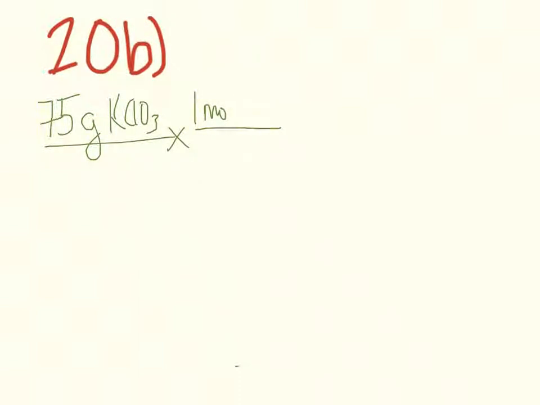Just like before, I take my molar mass. I have 1 mole of KClO3, potassium chlorate, and for every 1 mole I have the molar mass of potassium chlorate. Then I multiply by the molar ratio of potassium chlorate to potassium chloride.